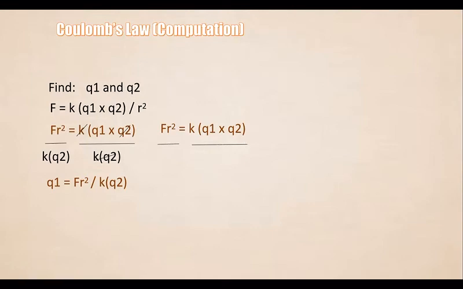Since this time, what we need to find is the Q2, so what we need to do is to divide both sides by the variable of Coulomb constant multiply by the Q1 and then cancel them. Then the remaining variables will be Q2 equals to force times by the square of distance divided by the Coulomb constant multiplied by the Q1.